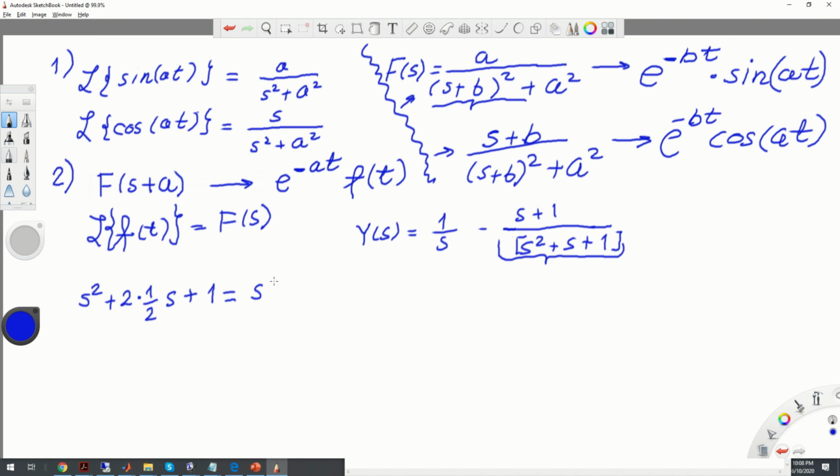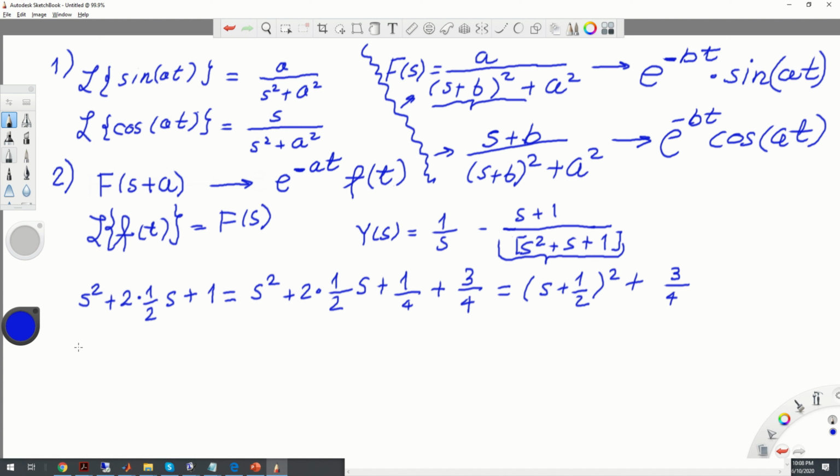This is equal to s squared plus 2 times 1/2 s plus 1 over 4, plus 3 over 4. So this becomes s plus 1/2 squared plus 3 over 4.